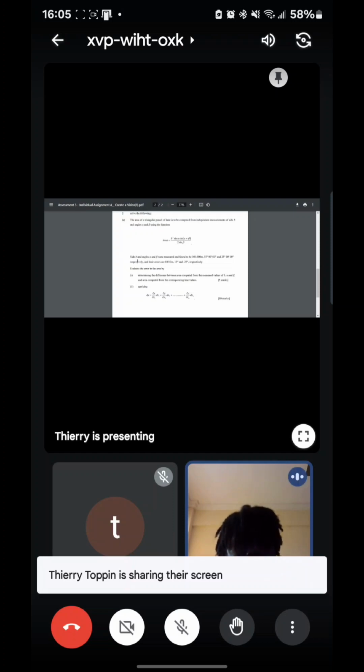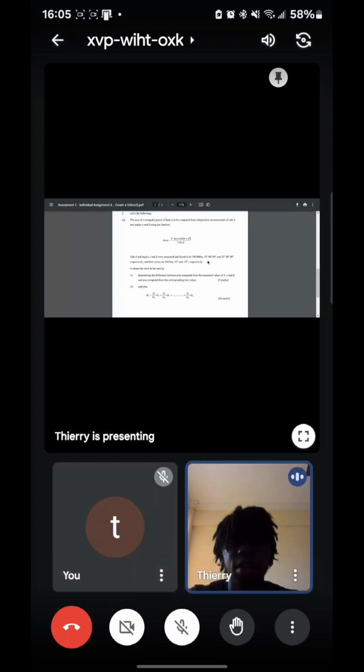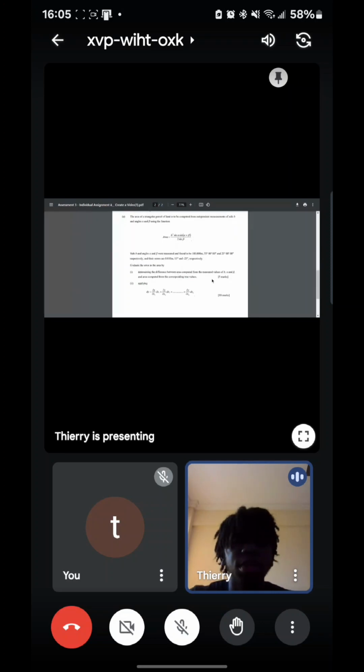Side B and angles alpha and beta were measured and found to be 100 meters, 55 degrees, and 25 degrees, respectively. The errors are 0.01 meters, 15 seconds, and minus 25 seconds. Evaluate the area by determining the difference between the area computed from the measured values of B, alpha, and beta, and the area computed from the corresponding true values.